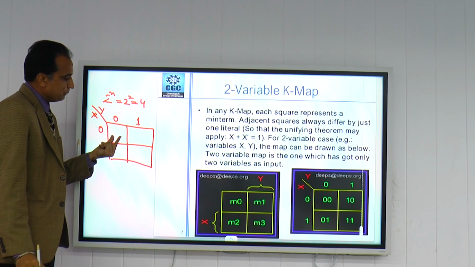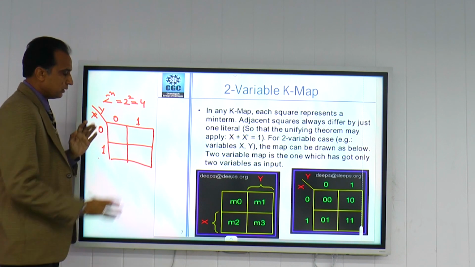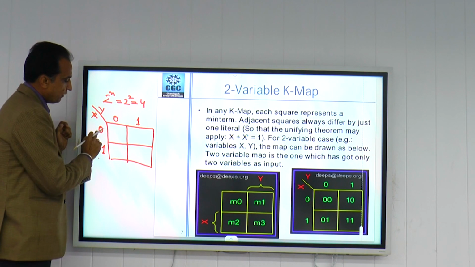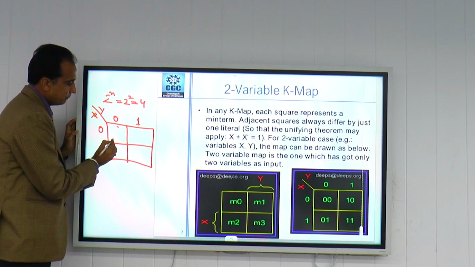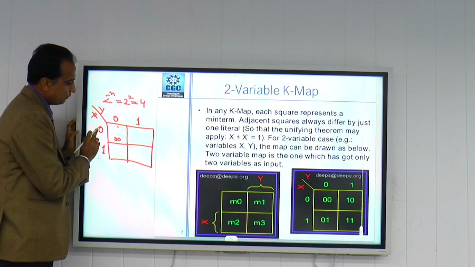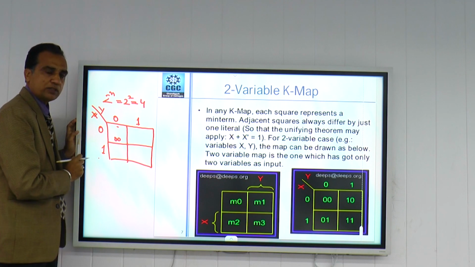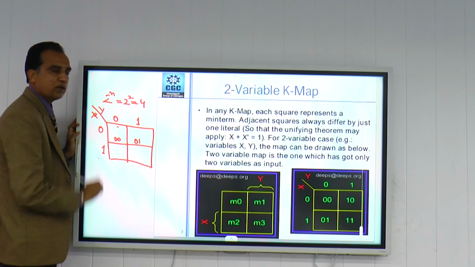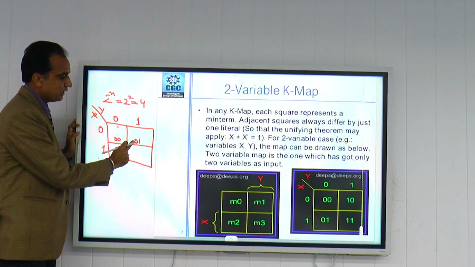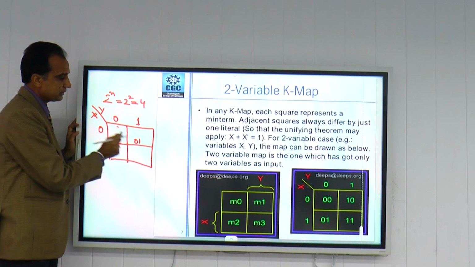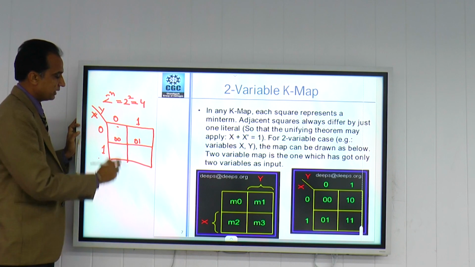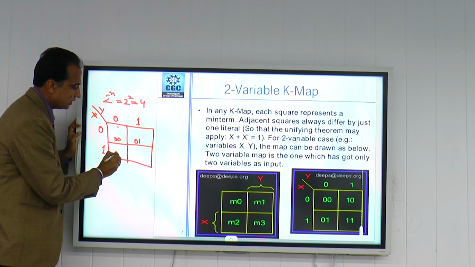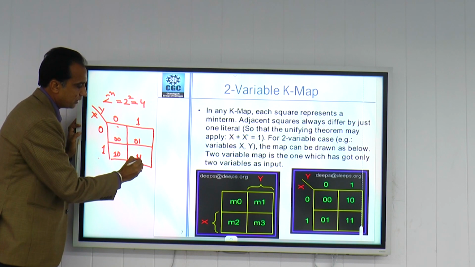Now we have to represent the min terms in the K-map. The first square grid represents 0, 0, meaning 0 value for x and 0 value for y. Similarly, this square grid represents 0, 1, where the first value is for x and the second one is for y. And this is for 1, 0 and this is 1, 1.